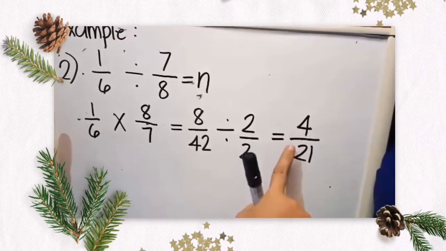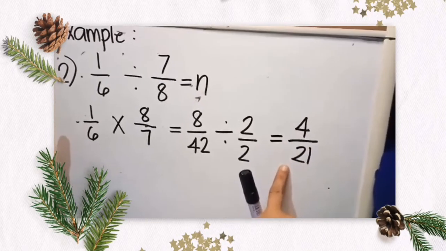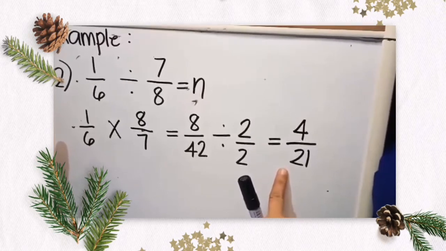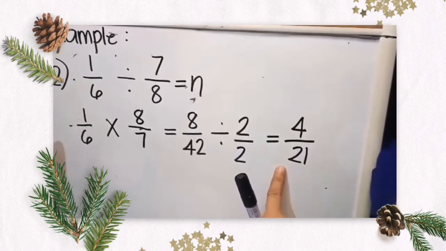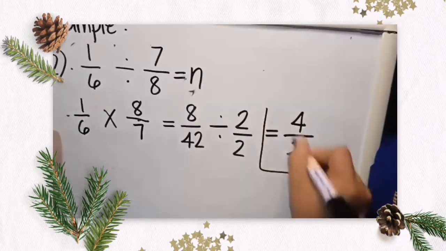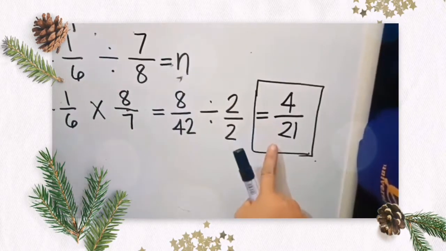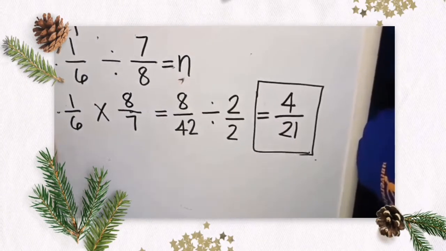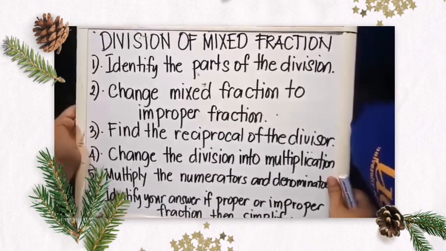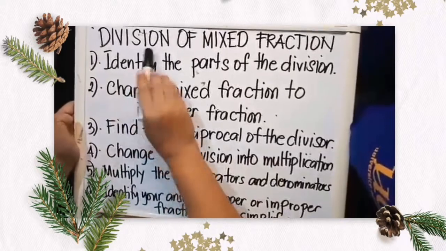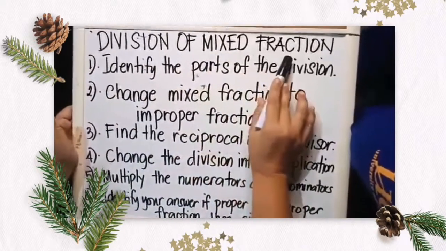So, 4 over 21. Masimplify pa? Dili na. So, that's going to be your final answer, 4 over 21. Stop.